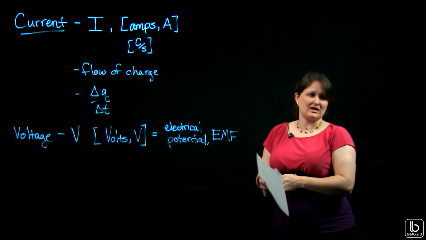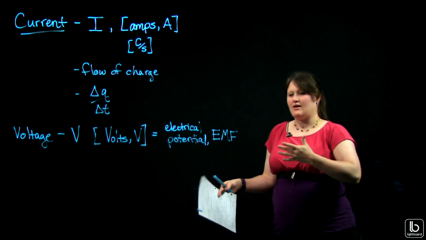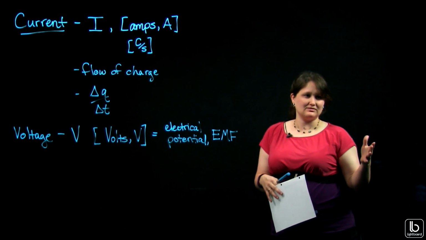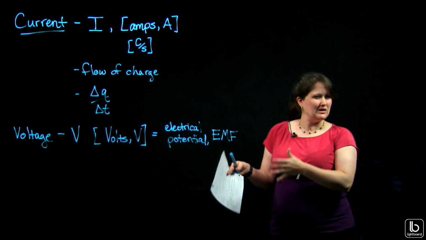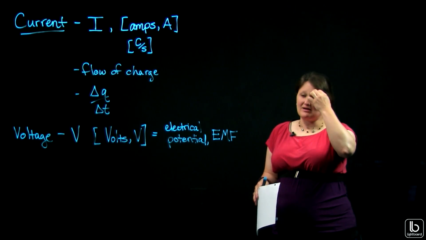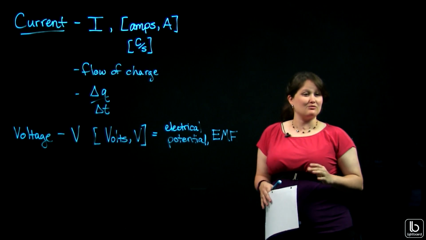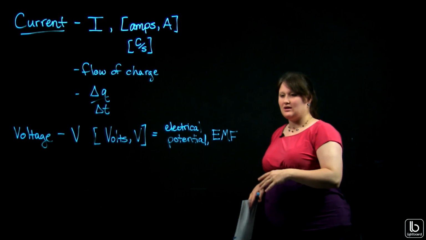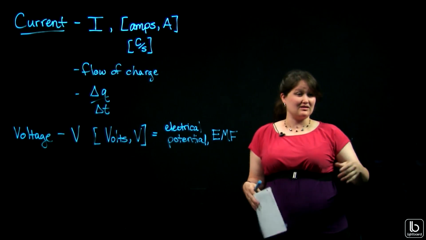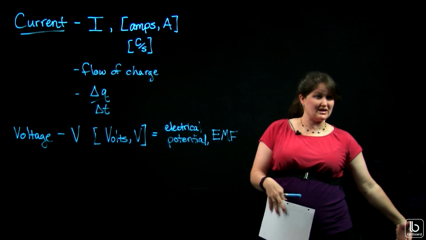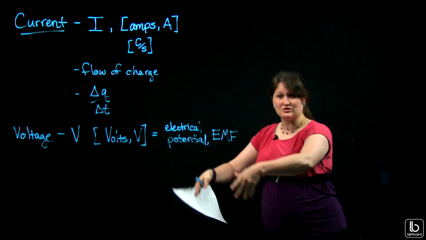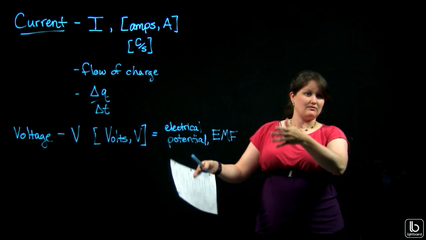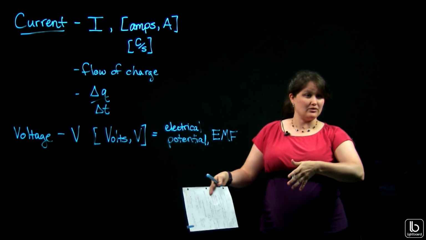So this is one of those cases where our science and our terminology weren't really jiving. Back when Ben Franklin was trying to figure out what all this electricity was about, he recognized that we have a force due to gravity that pulls things down, so there must be some force pulling electrons down, current down.